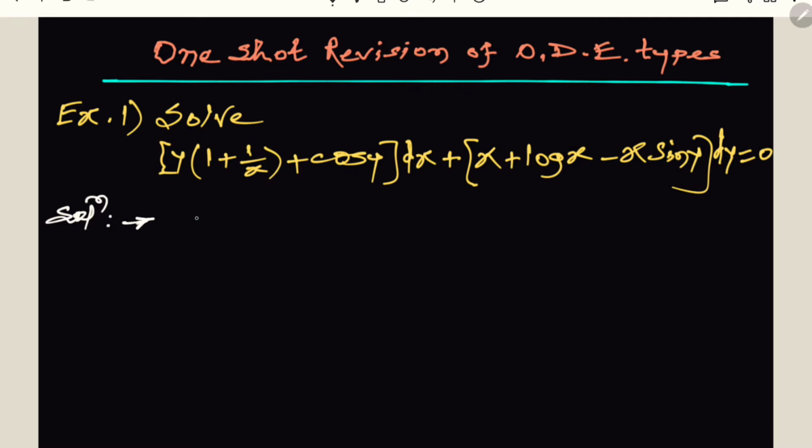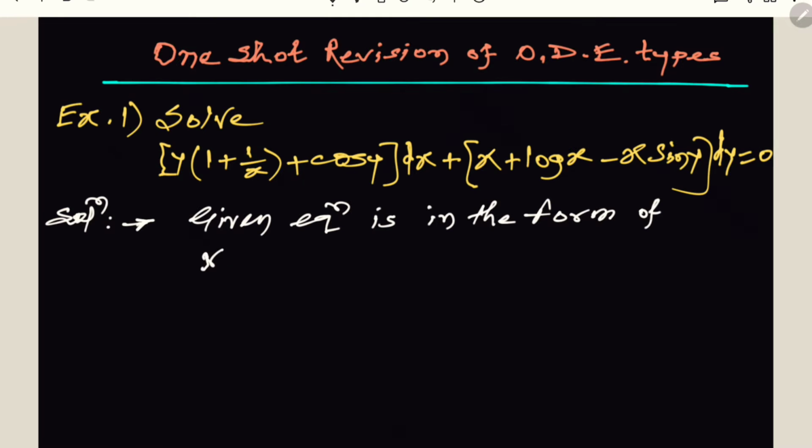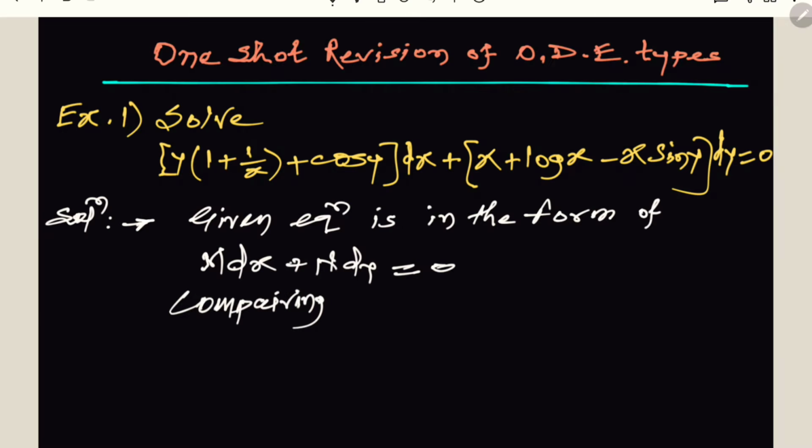The given differential equation is y into (1 plus 1 by x) plus cos y into dx plus (x plus log x minus x sin y) into dy equals to 0. It is in the form of M dx plus N dy equals to 0, that is the general form of an exact differential equation.